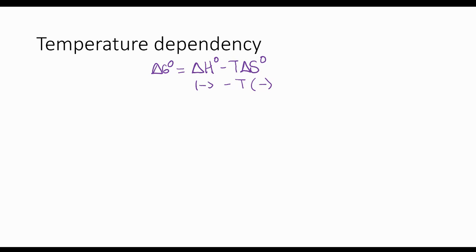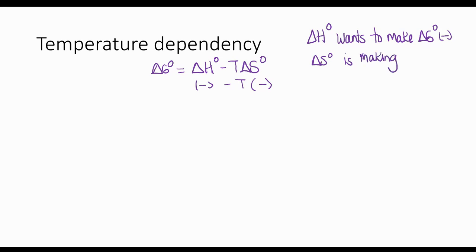So the enthalpy wants to make delta G negative, but the entropy is working against it, making delta G positive. So who's going to win? The temperature decides.